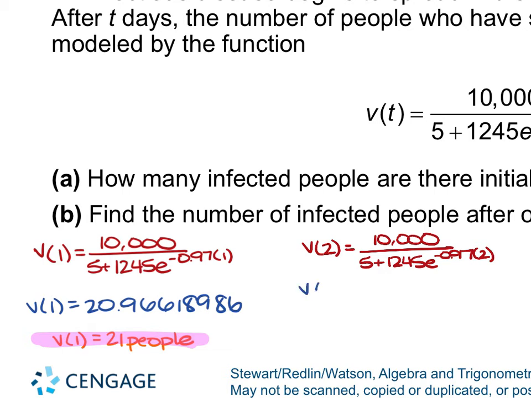So V of 2, use your calculator, 10,000 divided by 5 plus 1245 times e to the power of negative 0.97 times 2 gives us 54.3740319. Again, we got to round to the nearest whole number, so V of 2 is 54 people.